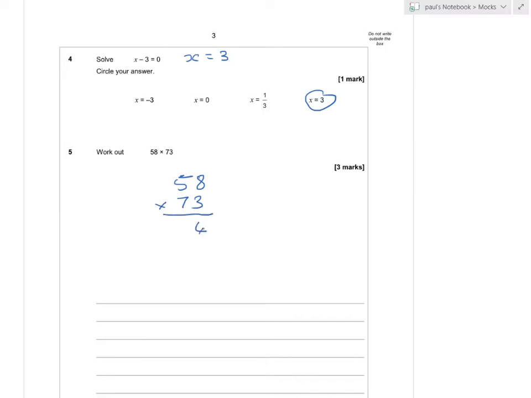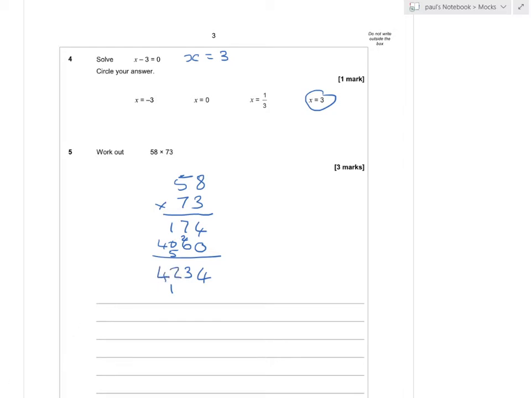Right, 3 8s are 24. 3 5s are 15 plus 2 is 17. Place marker. 7 8s are 56. And 7 5s are 35, 40. Add the two together. 4, 3, 1, 1, 0, 2, and 4.